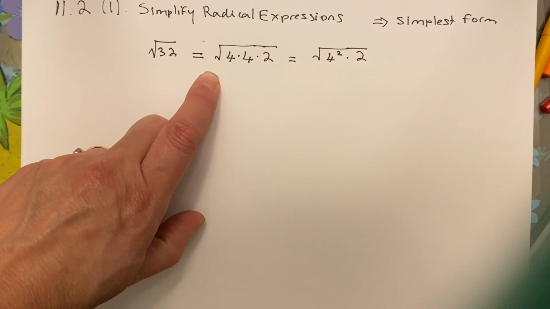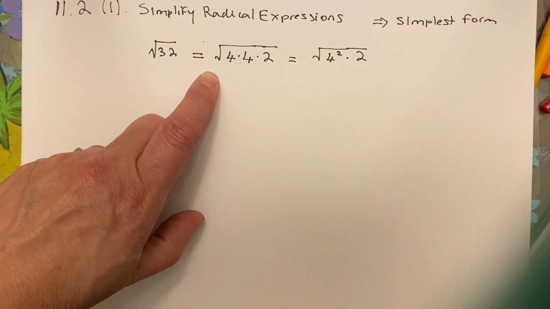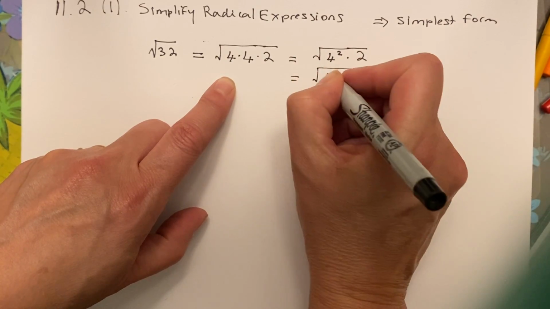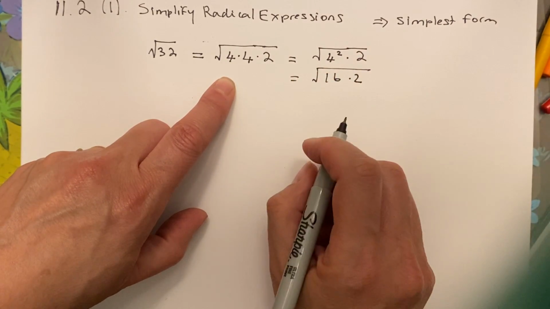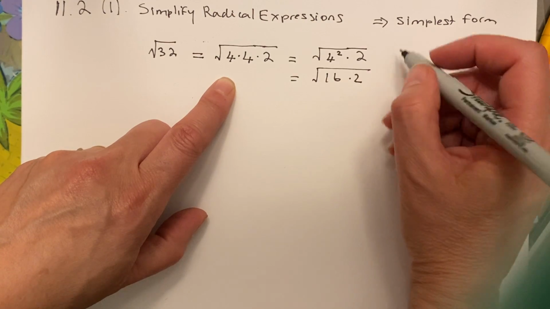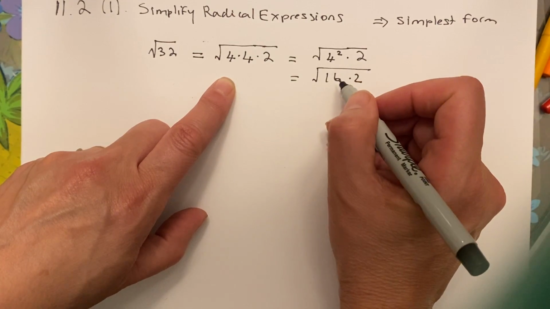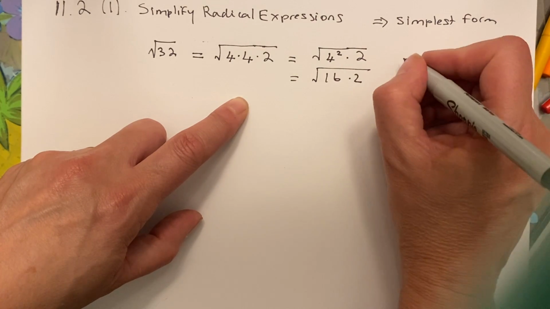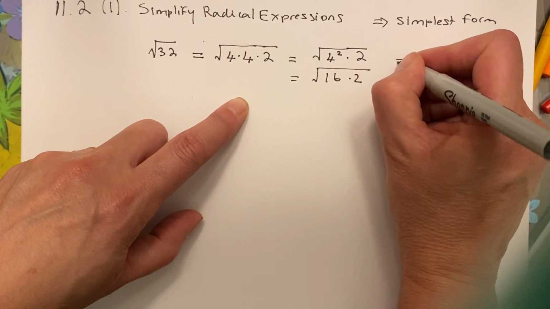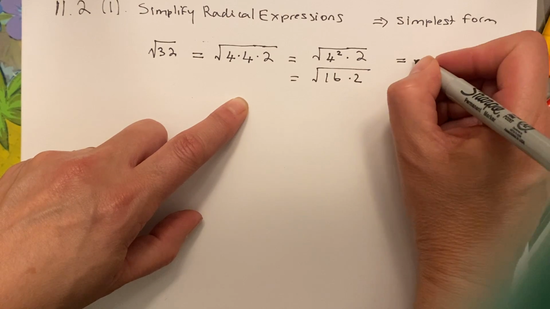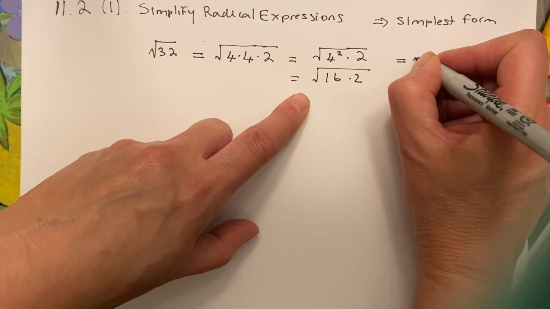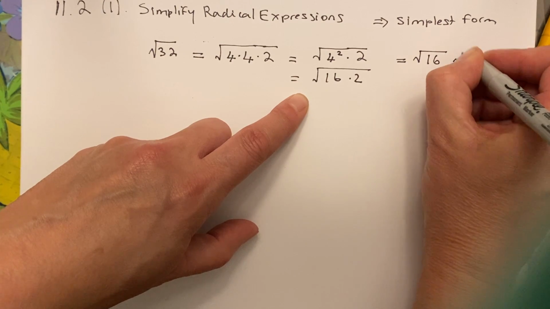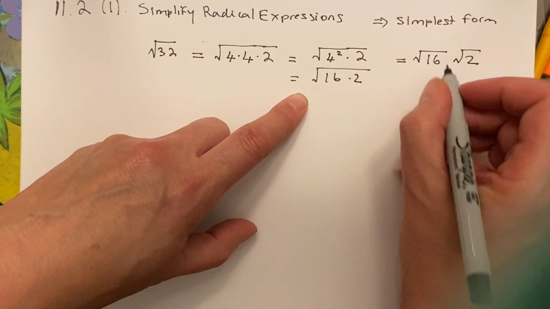And because it contains 4 squared, or 16, it means that it's not fully simplified because the radical contains a perfect square. So to bring it to its simplest form, you have to separate this radical into 2 sections, square root of 16 times the square root of 2.